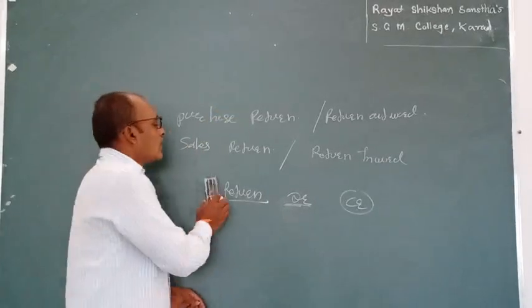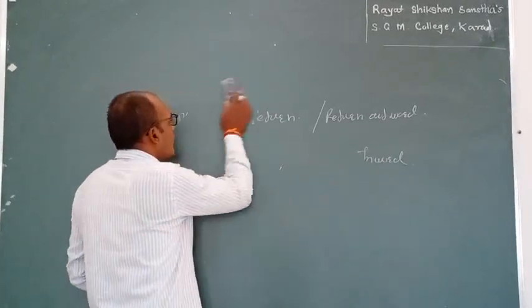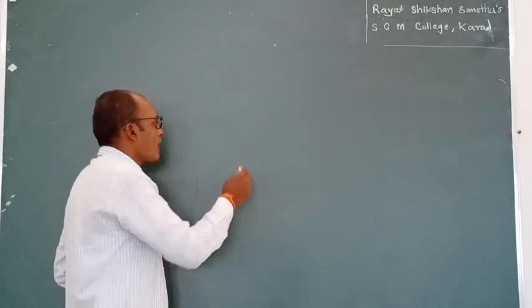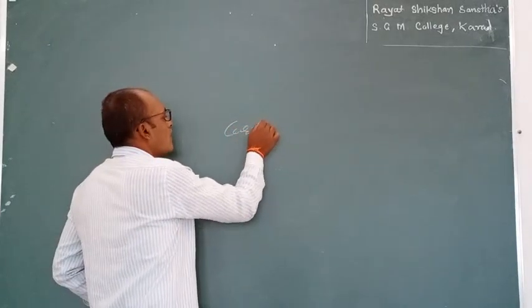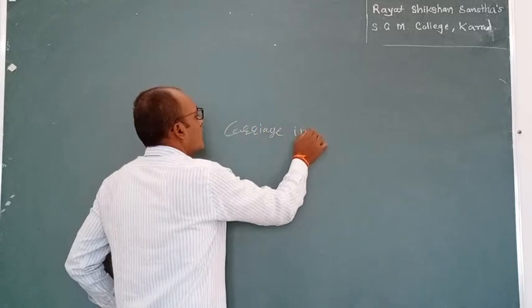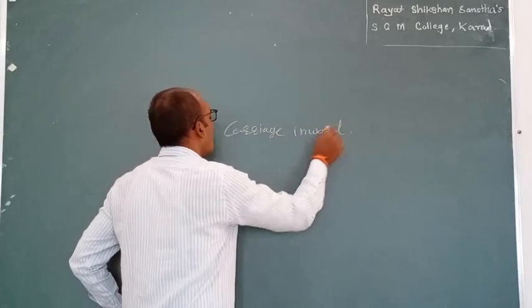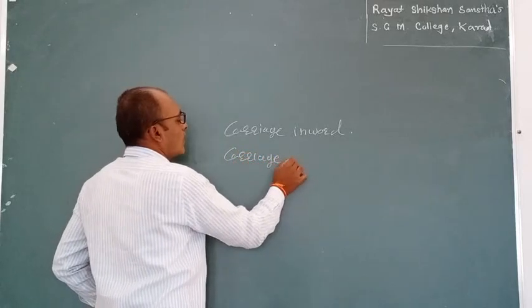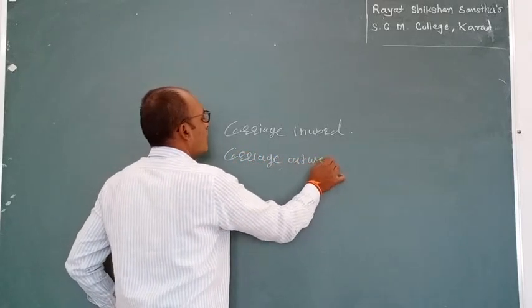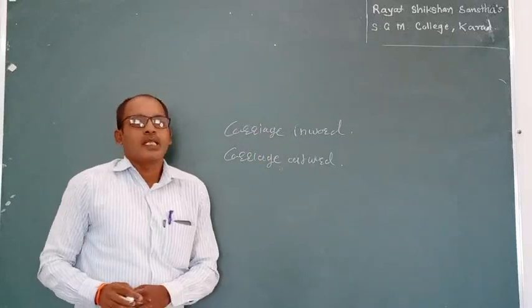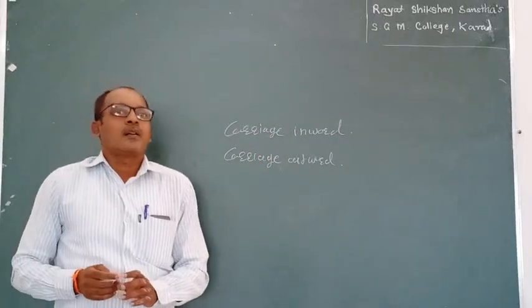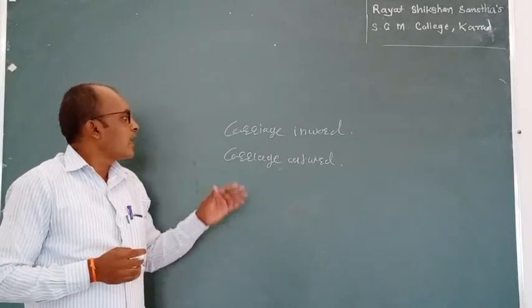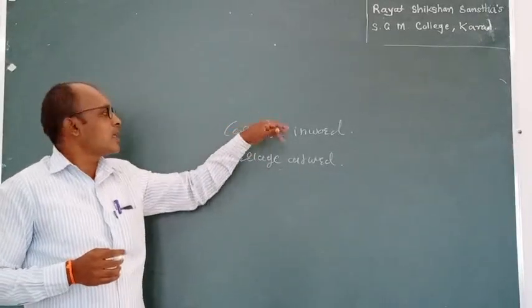Then the next concept, carriage inward and carriage outward. Carriage inward means when an organization purchases raw material and brings it to the factory, the traveling expense paid is called carriage inward.